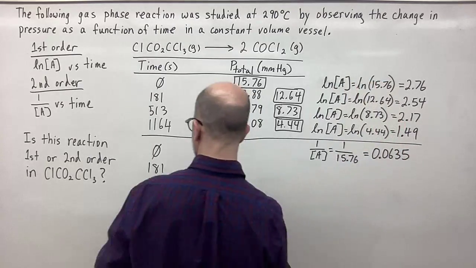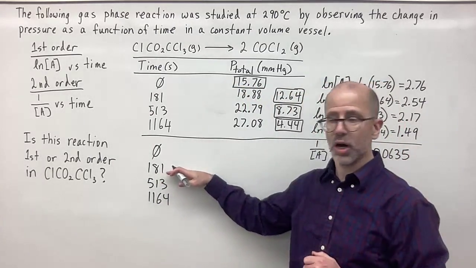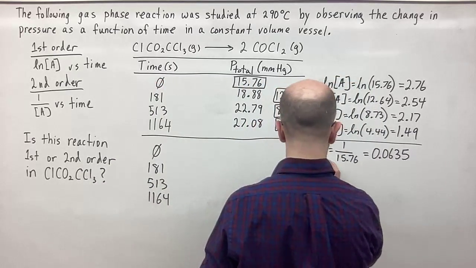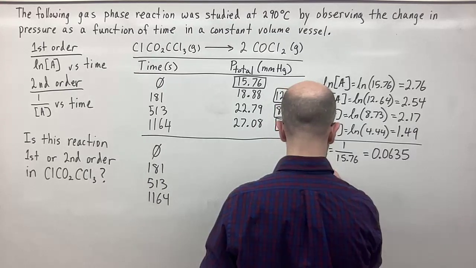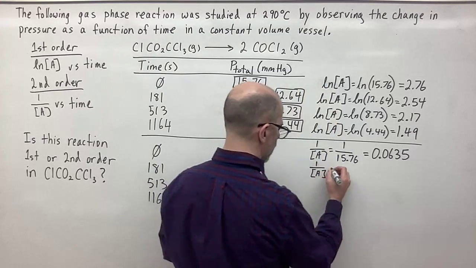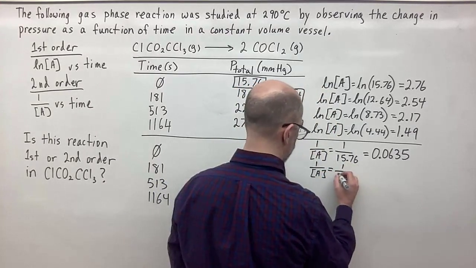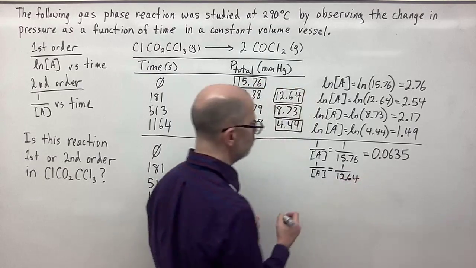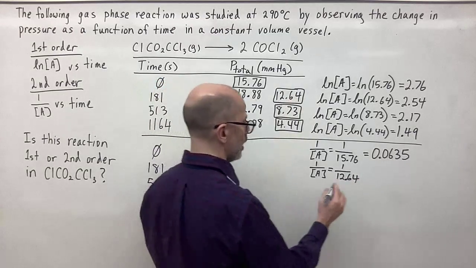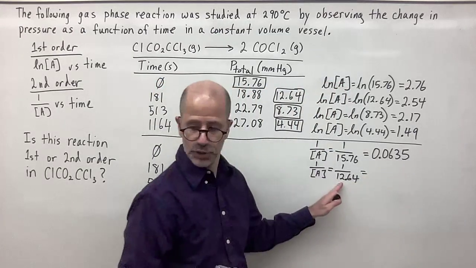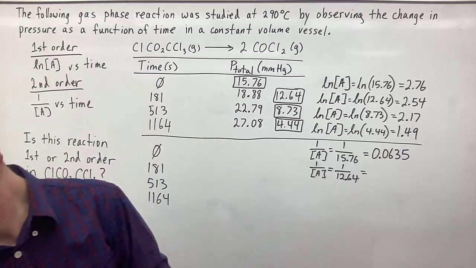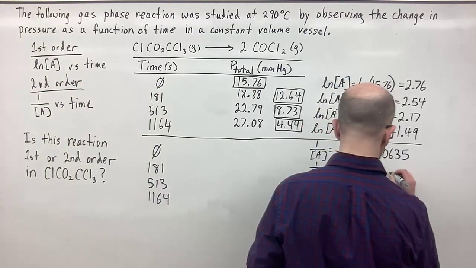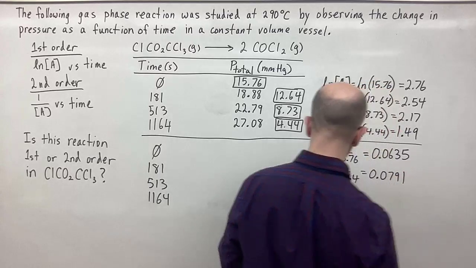0.0635. And then at time 181, we do the 12.64. So in this case, it's going to be 1 over A, equal to 1 over 12.64. And when you solve that, you get 0.0791.